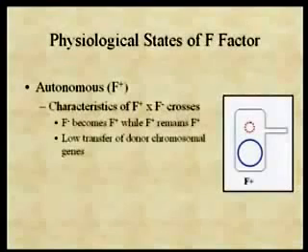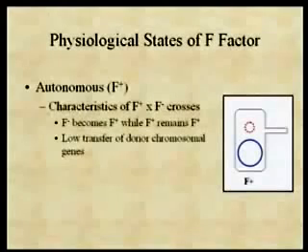So if you have a cross between an F plus cell and an F minus recipient, what will happen is after the conjugation event has occurred, the F minus recipient cell will be converted into a donor. So the F minus recipient will become a donor. The original donor will remain as a donor.